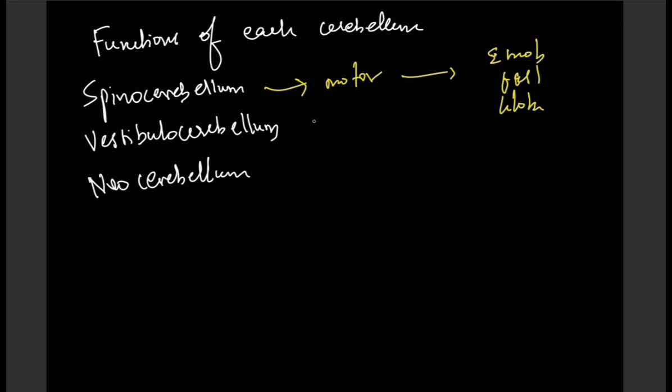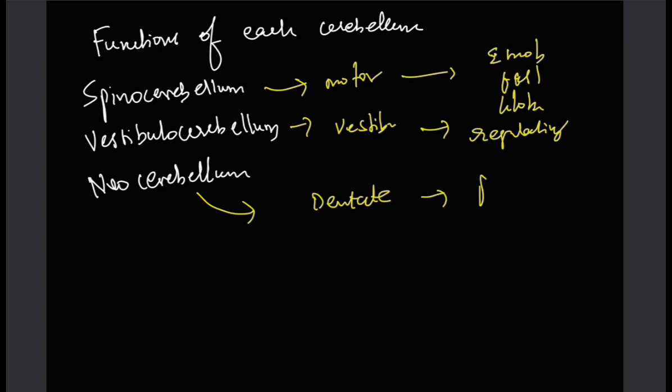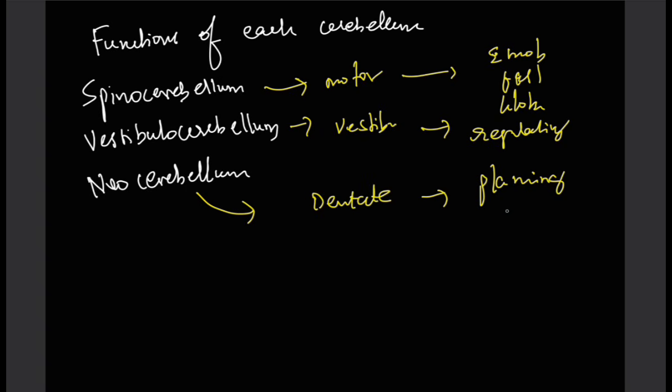For the vestibulocerebellum, the nucleus is vestibular, and the function is regulating eye movements. The neocerebellum, from the dentate nucleus, regulates planning of motor movements, whether I should climb or not, whether I should take the object or not.